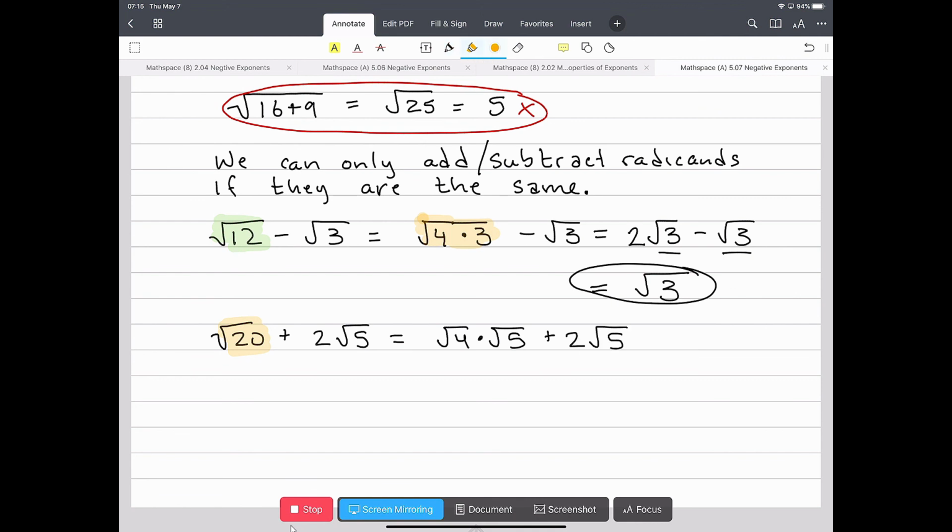And now I can simplify over here. The square root of 4 is 2. So it's going to leave me with 2 square roots of 5. Bring this down, I've got another 2 square roots of 5. So if I have 2 square roots of 5 plus 2 more square roots of 5, my answer is 4 square roots of 5. And that's how these problems are done.